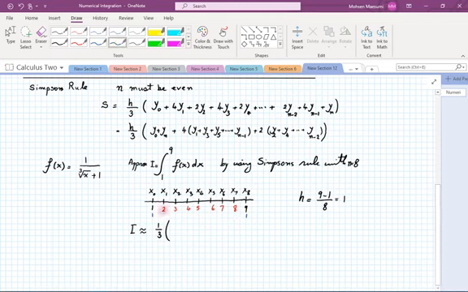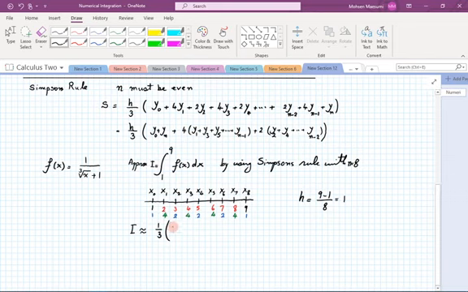Then starting from this second entry, the coefficient is going to be 4, and starting from this one, the coefficient is going to be 2, so we jump.